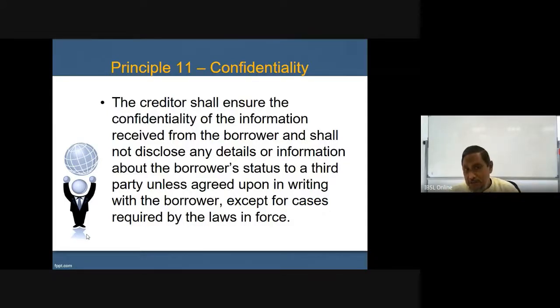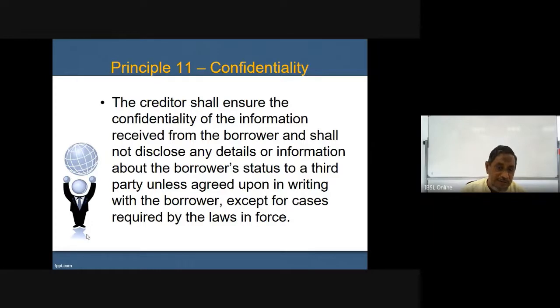According to sections 76, 77, 78 of the Banking Act number 30 of 1988, maintaining confidentiality is compulsory and a must for the bankers.